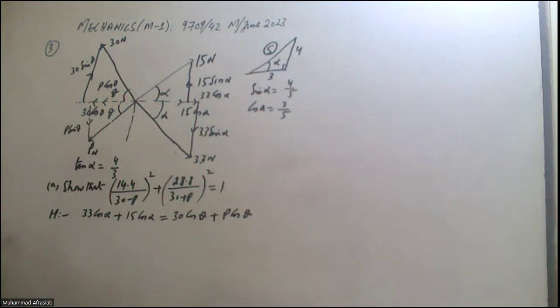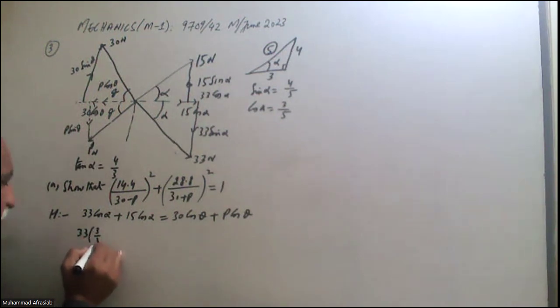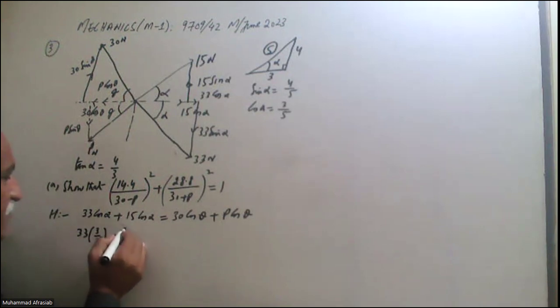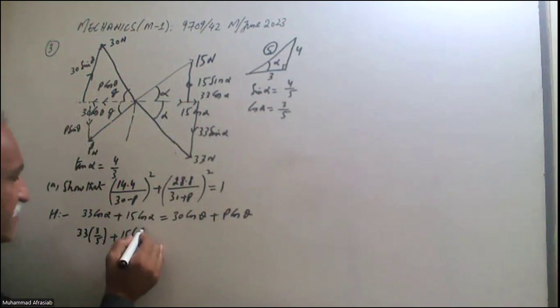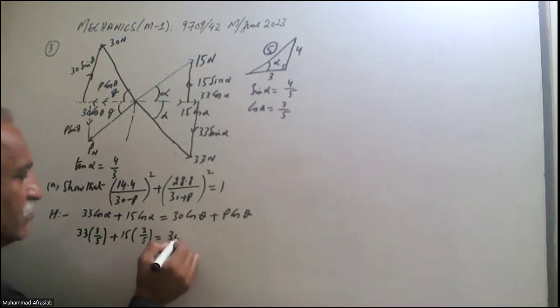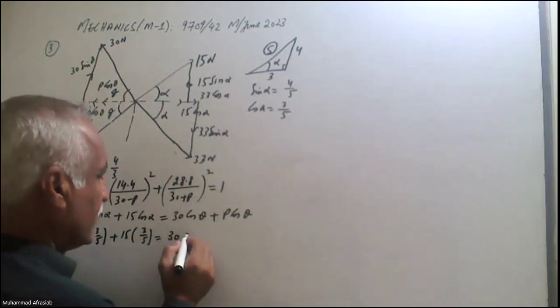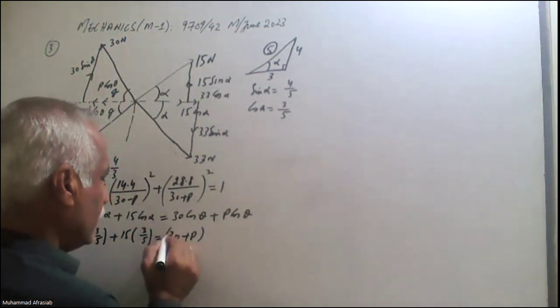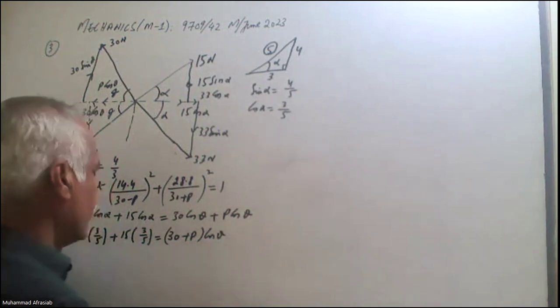Now we put these values in: 33 into cos of alpha, which is 3 by 5, plus 15 into cos of alpha, again 3 by 5, is equal to 30 plus P into cos of theta.